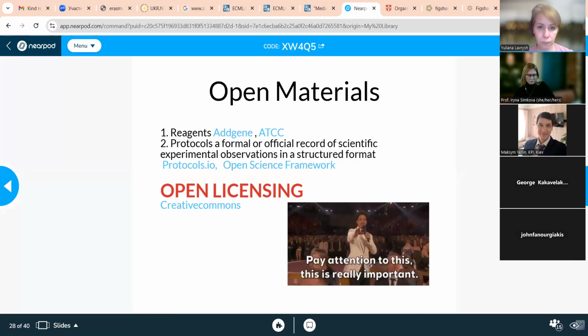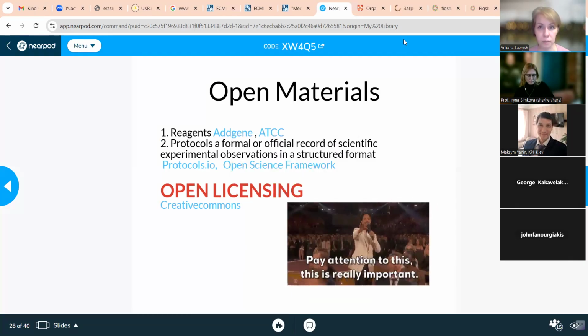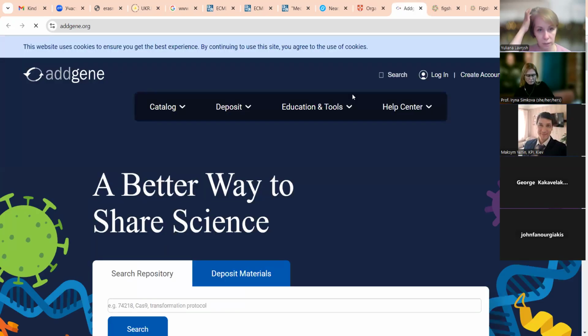Let's move on. The next practice is open materials, or sometimes it is called open hardware. Everything which is material for your research, for your study. For example, if you deal with chemistry, there are open materials and catalogs of chemical elements, which you can find here if you follow this link.